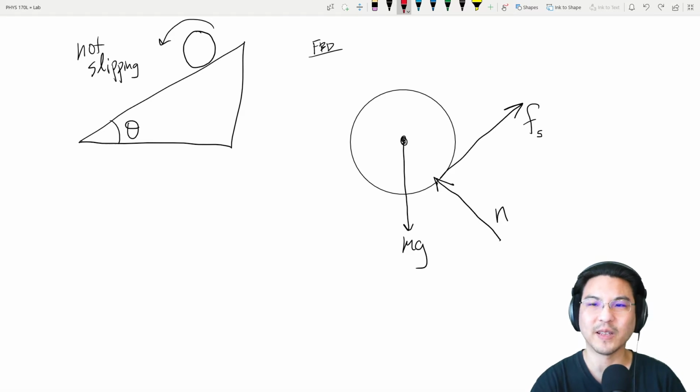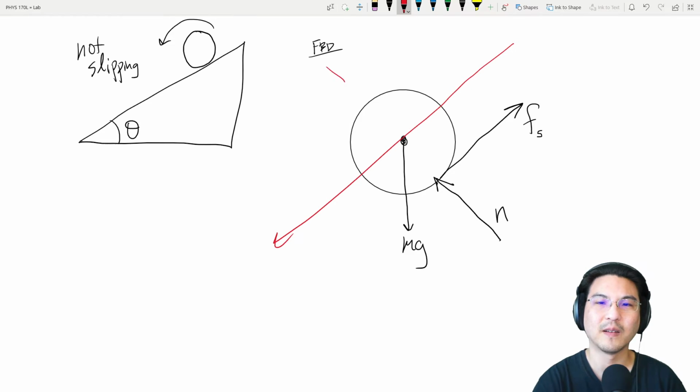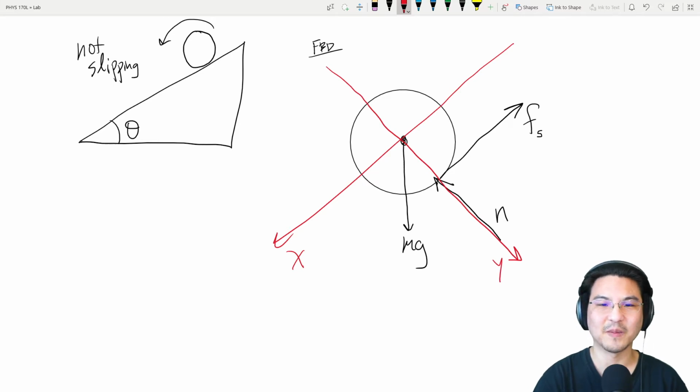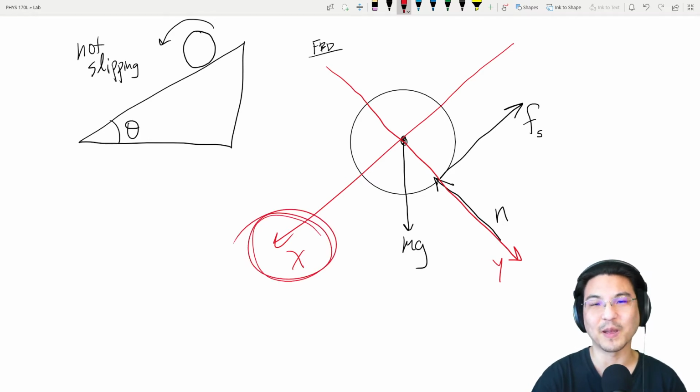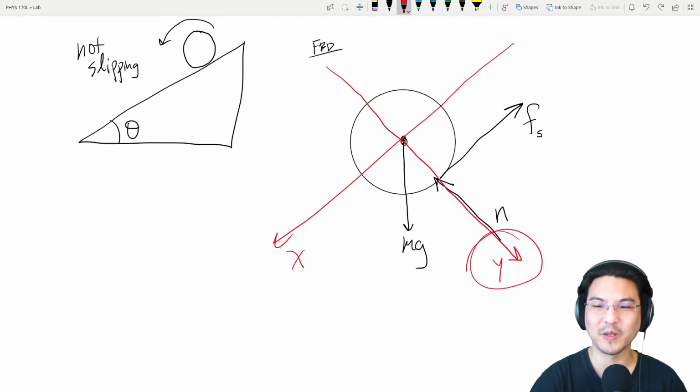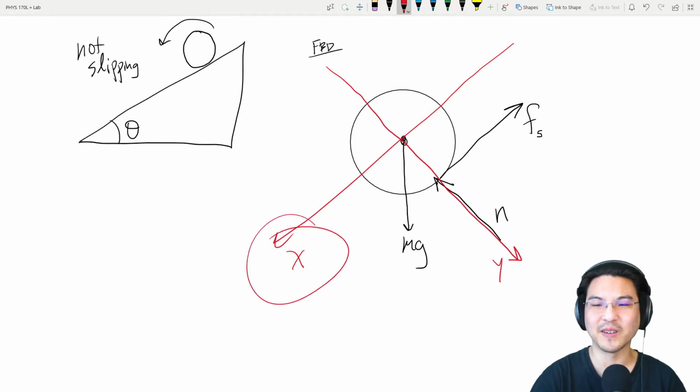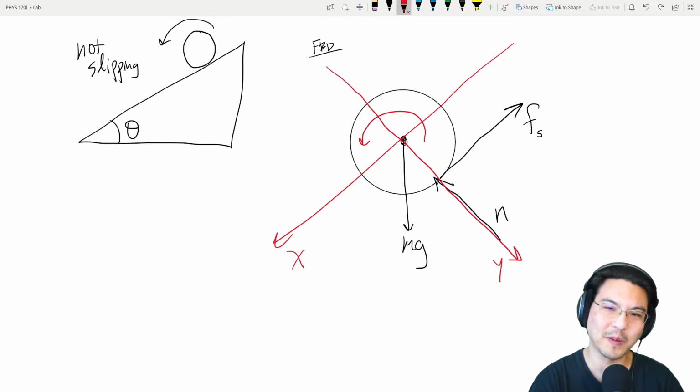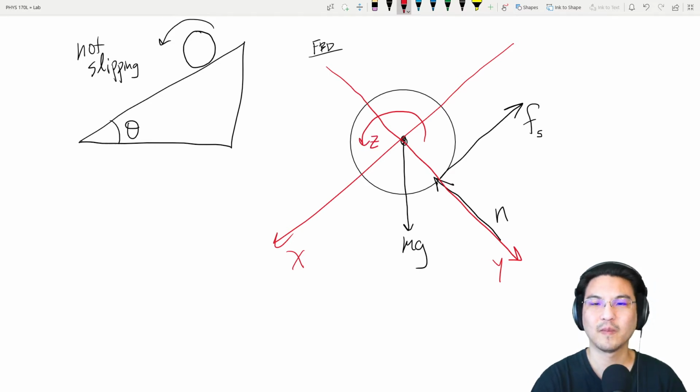Okay, so let's pick coordinates like this. I'm picking x this way because I know that the center of mass is going down the ramp, so I just said, let's make that positive. And then I picked y here because if x is here and y is here, that means z is this way, out of the page.